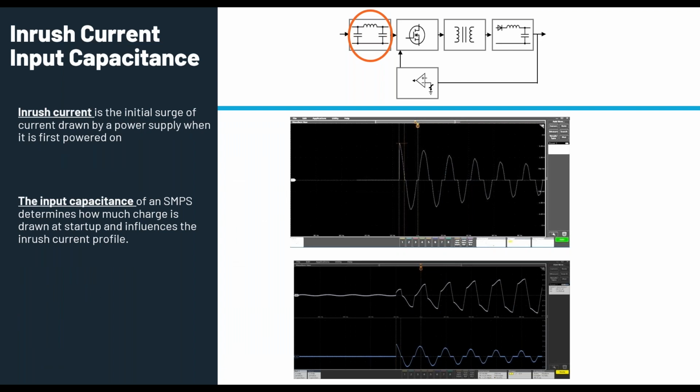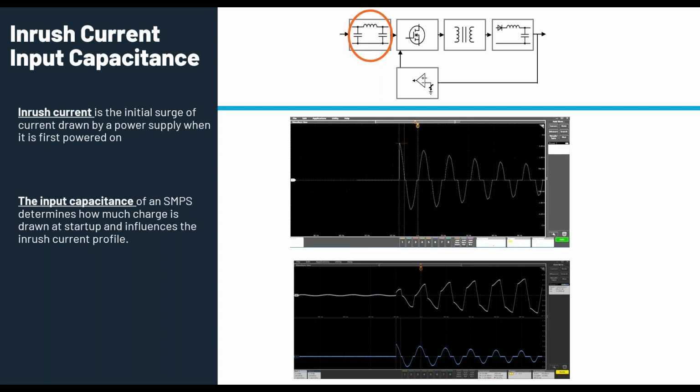Other important measurements for the input section include inrush current. Inrush current is nothing but the initial surge of current drawn by the power supply when it's first powered on. This surge occurs as the input capacitors charge rapidly, often drawing 5 to 10 times more current than the normal operating current.